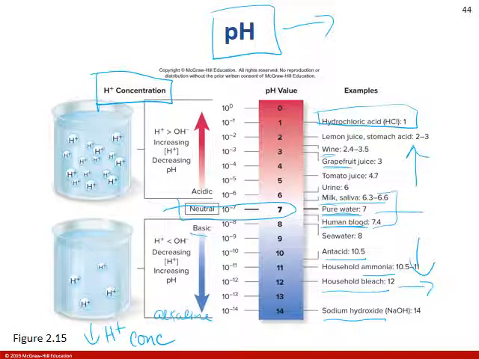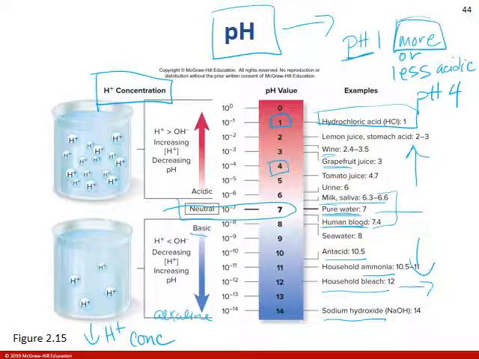I know you'll go through some practice problems within Connect, but make sure that you understand that a pH 1 is more acidic than a pH 4. So if I said pH 1 is more or less acidic than pH 4, pH 1 is more acidic.